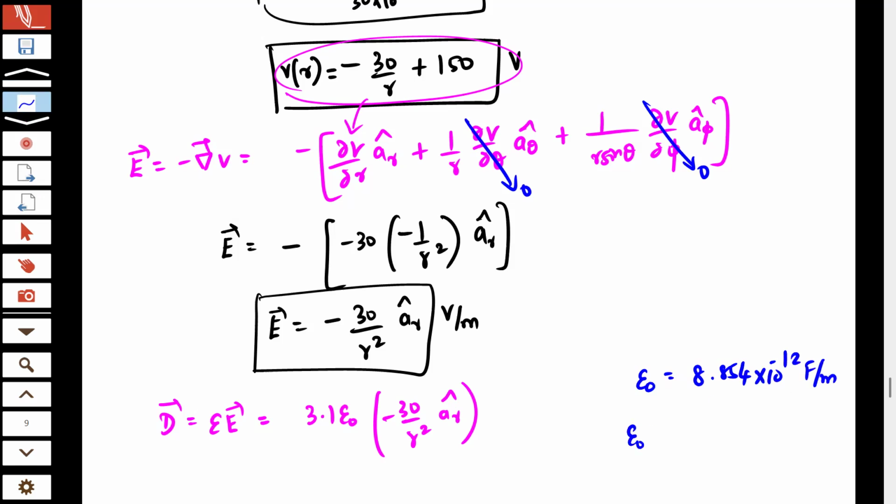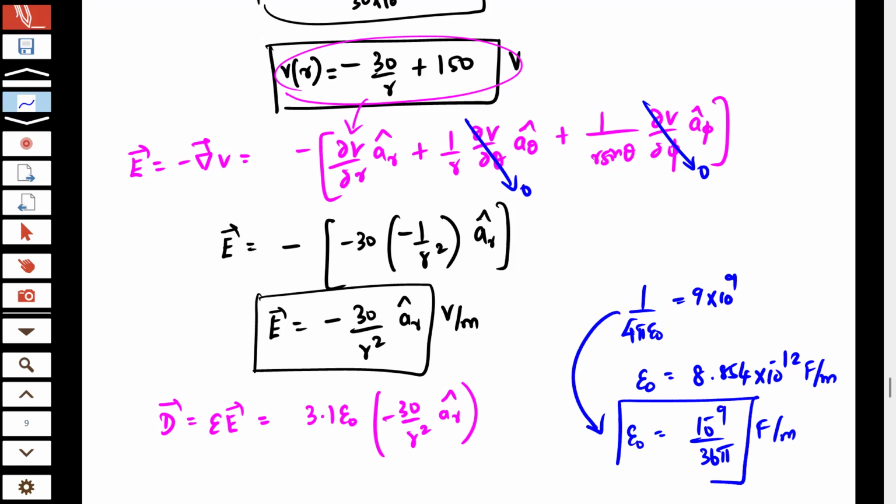Or you can write epsilon naught as 10 power minus 9 by 36 pi farad per meter. So this is from the equation 1 by 4 pi epsilon naught is 9 into 10 power 9. From this, you can write epsilon naught as 10 power minus 9 by 36 pi. So either you can use this value or you can use this value to find. So I'll be using this value for the easier representation.